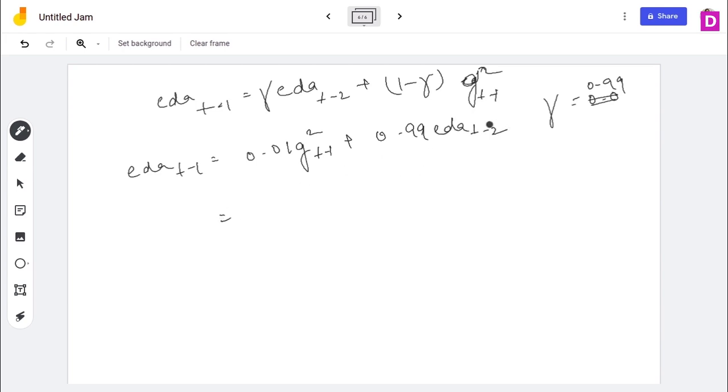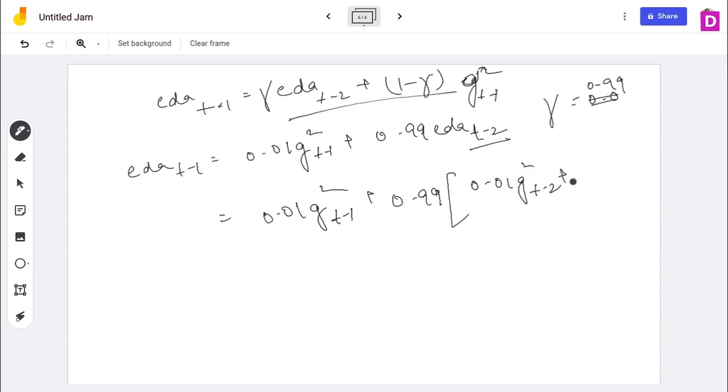So if we replace this EDA t minus 2 with this equation again, we will have 0.01 of g(t-1) squared plus 0.99 of, so what will this bring down to? 0.01 of g(t-2) squared plus 0.99 of EDA t minus 3.